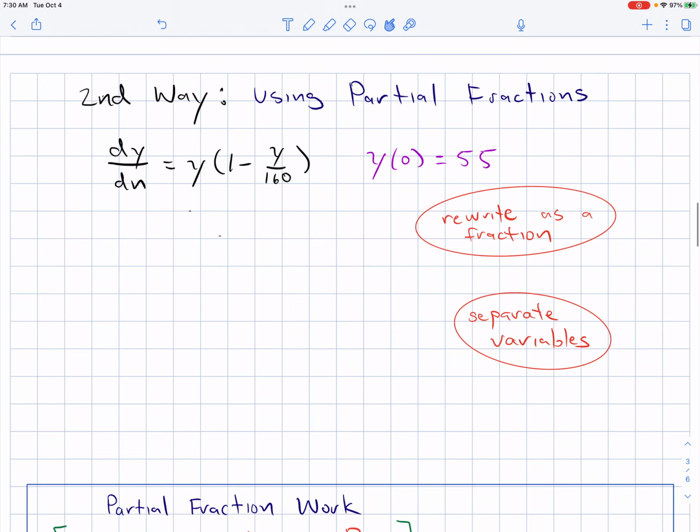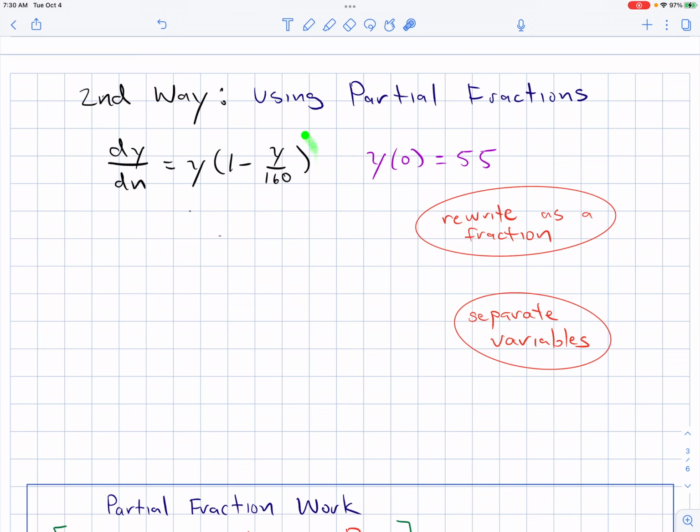But I did want to show, because we are and have been doing separation of variables and integrating factor examples, the way we could use that here. So the way we use that is separation of variables here and using partial fractions, which is a fun topic in itself.